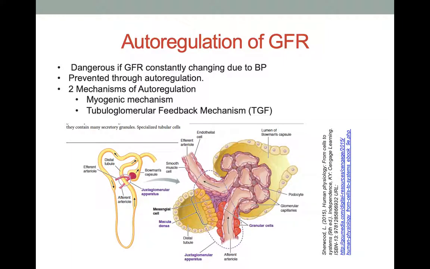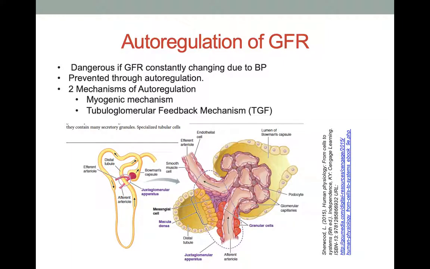The myogenic mechanism responds to changes in pressure within the nephron's vascular component, whereas the TGF senses changes in the salt levels and fluid flowing through the nephron's tubular component. In the myogenic mechanism, arterial vascular smooth muscle contracts in response to stretching from the accompanying increased pressure within the vessel.